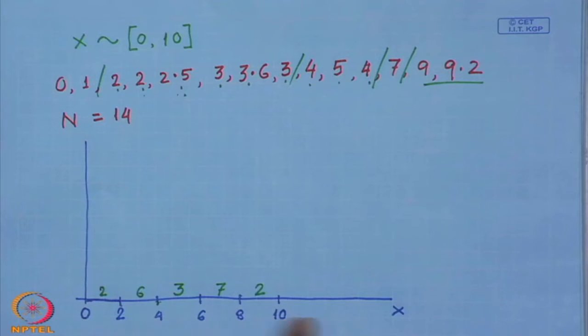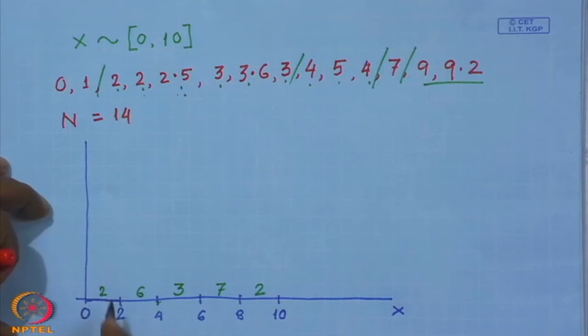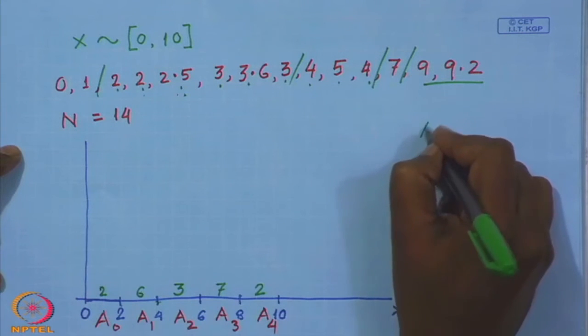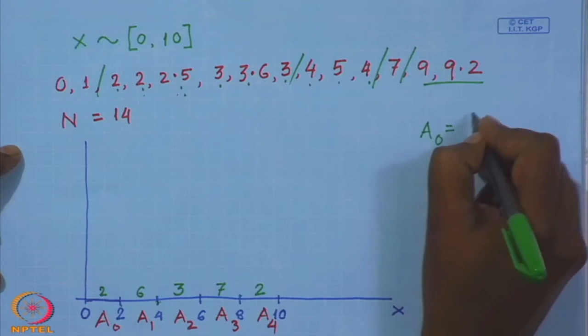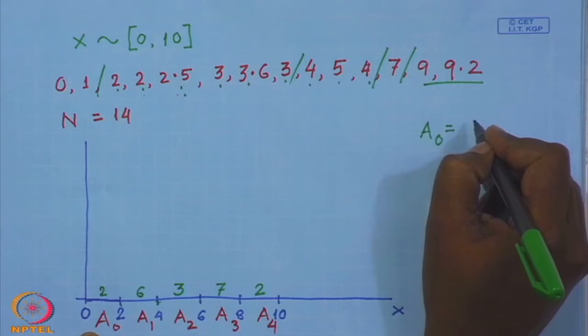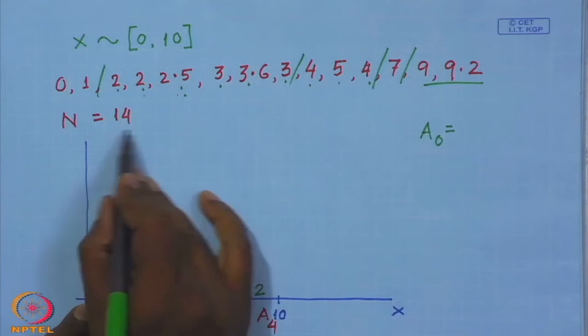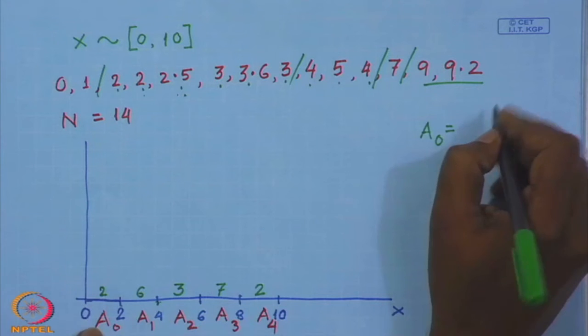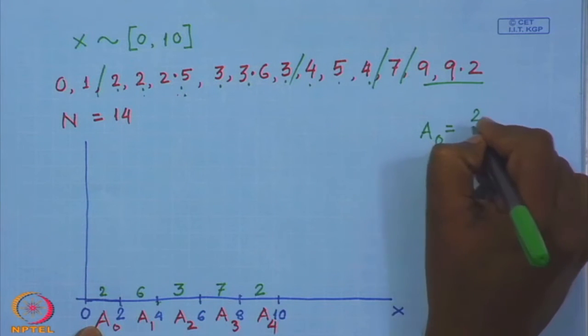Now, if I compute the areas, I call this A 0, area 0, this area 1, this area 2, this area 3 and this one area 4. So, the value of A 0 will be equal to the number of samples falling in the 0th bin, which is 2, and I have a total number of samples equal to 14. So, the area under the 0th bin will be 2 by 14.